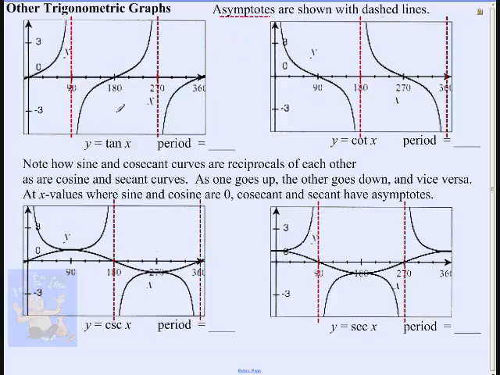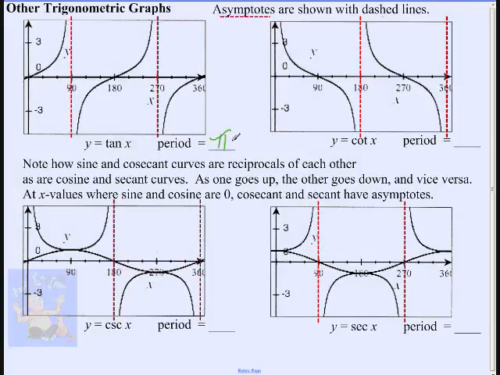Tangent. What is its period? We know that period is defined as from the beginning of the cycle to when the cycle begins again, when it starts to repeat itself. So we're going here from 90 through 180 to 270. What's this length? Right, we've talked about this before.